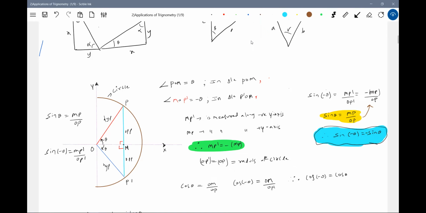Okay, let's come to cos theta. How do you define cos theta in this triangle OMP? Cos theta equals adjacent by hypotenuse. Adjacent is OM, hypotenuse is OP. In the lower triangle OMP dash, cos of minus theta should be equal to OM by OP dash.